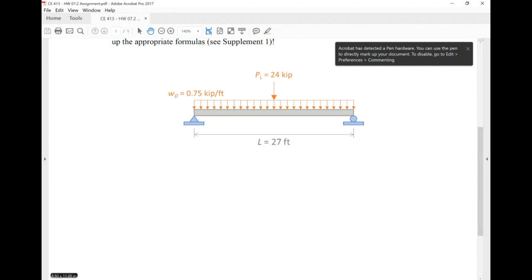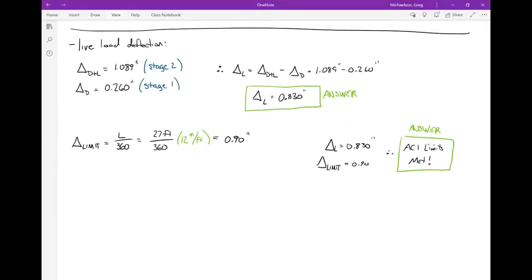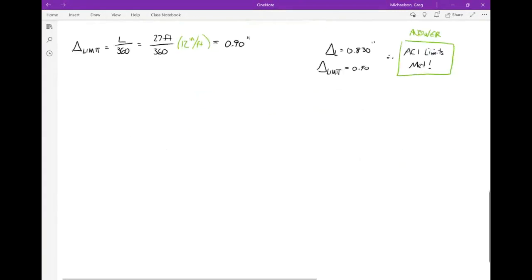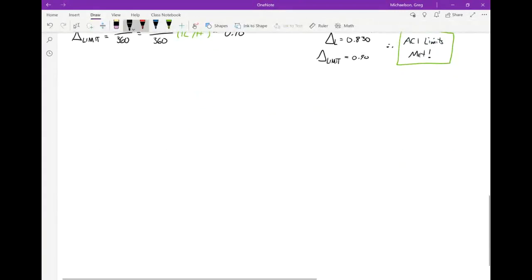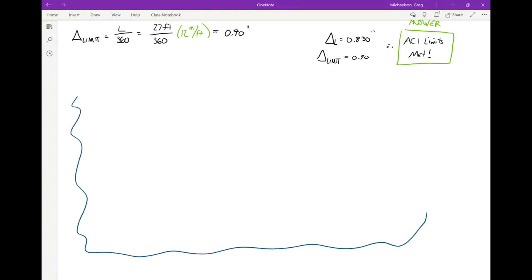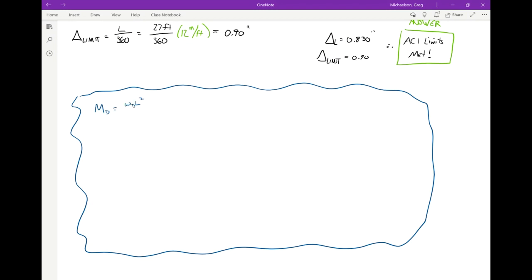I'll just go to my notebook. So here's the problem. To give you kind of an idea, your dead load moment is going to be wL squared over 8. That's fine for the dead load moment because the dead load is a simply supported beam with a uniformly distributed load.